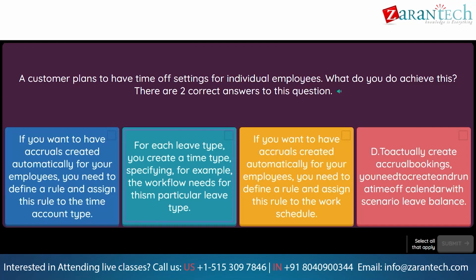Option 2 For each leave type, you create a time type, specifying, for example, the workflow needs for the particular leave type. Option 3 If you want to have accruals created automatically for your employees, you need to define a rule and assign this rule to the work schedule. Option 4 To actually create accrual bookings, you need to create and run a time off calendar with scenario leave balance.